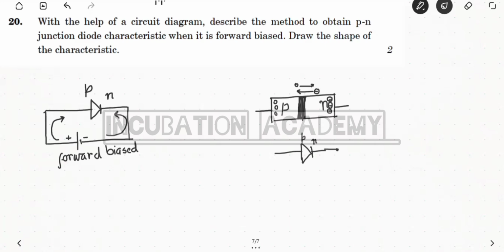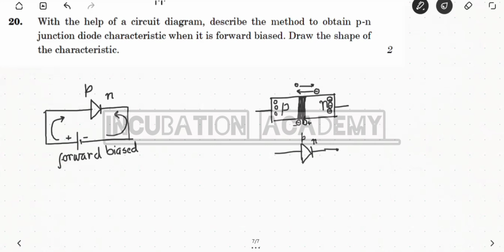Let us say this is an atom, and it accepts one electron from the n side, and it becomes a negatively charged ion, not an atom now. Similarly, the atom on the other side leaves its electron and becomes positively charged.